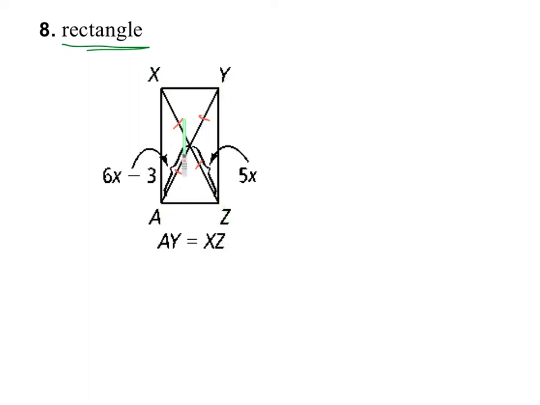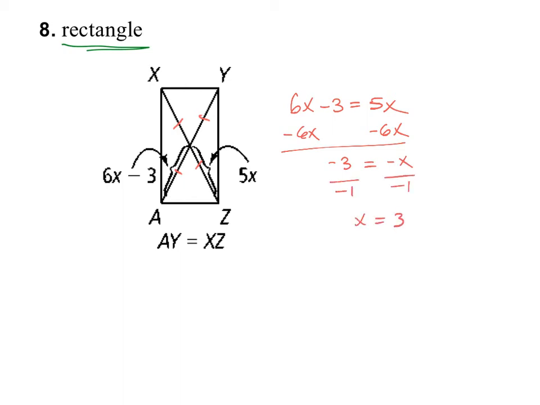So that means that it's cutting every piece at the same distance, right? So 6x minus 3 equals 5x. So minus 6x: negative 3 equals negative x. And now I'm just dividing by negative 1. So x equals 3.